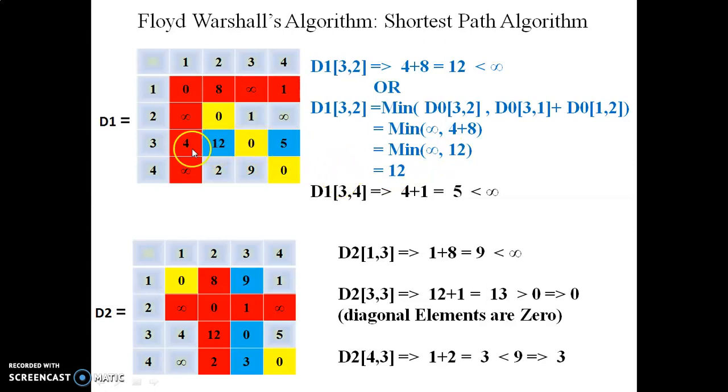Similarly, we obtain this index value considering third row, fourth column, so we write it as D1 of 3, 4. This particular index value corresponds to 4 and 1, so 4 plus 1 is 5. Now we compare this value with the index value in the initial distance matrix.